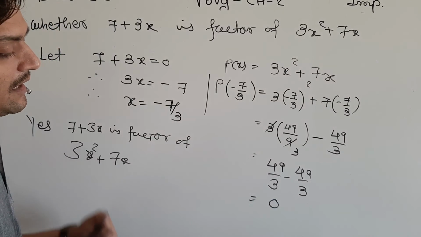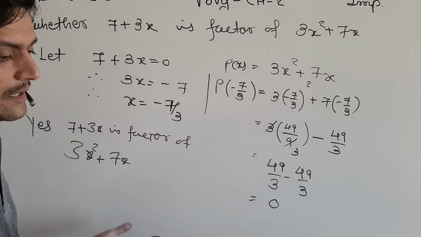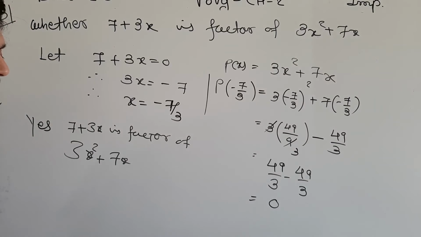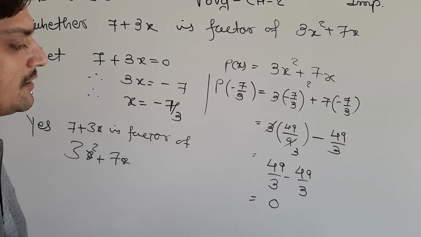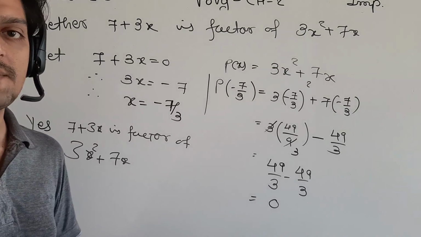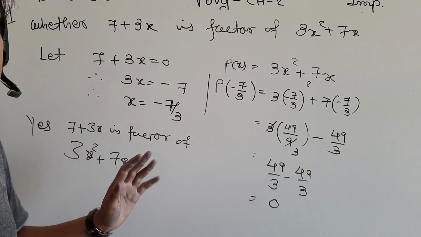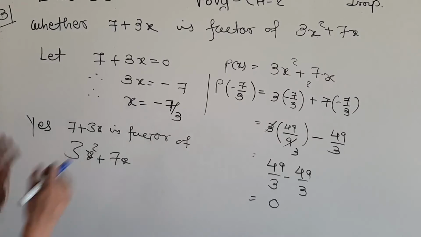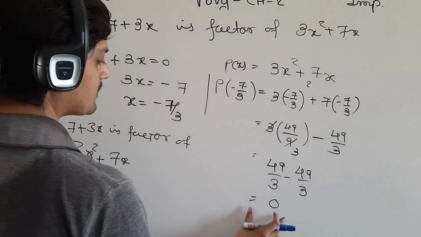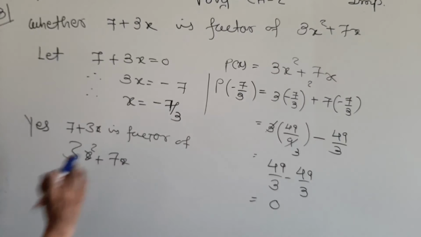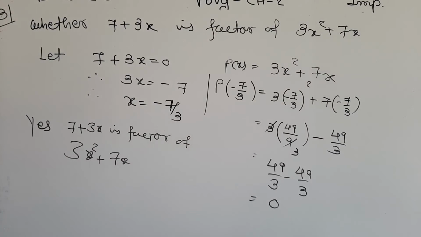And if it doesn't come 0, it is not a factor. If some remainder remains, it's not divisible by the other polynomial. So in short, it's not a factor, and you have to write no, it's not a factor. But here the answer comes 0, so I have written yes, it is a factor. Okay, I think it should be clear.